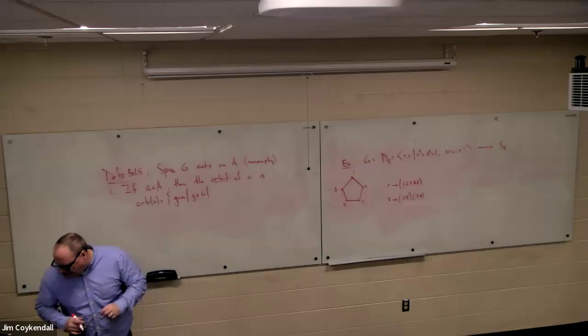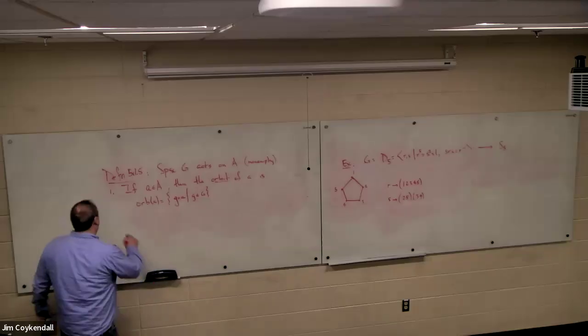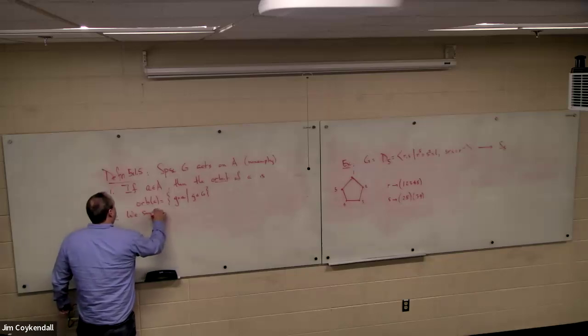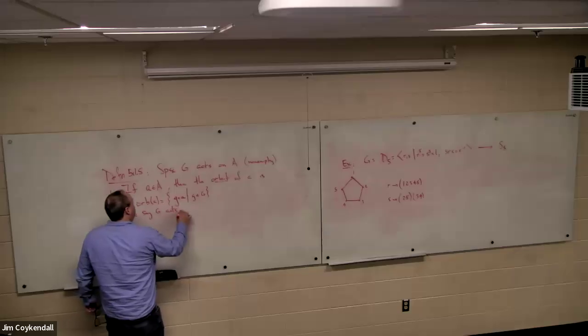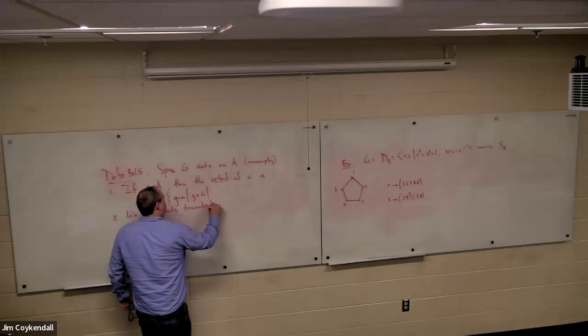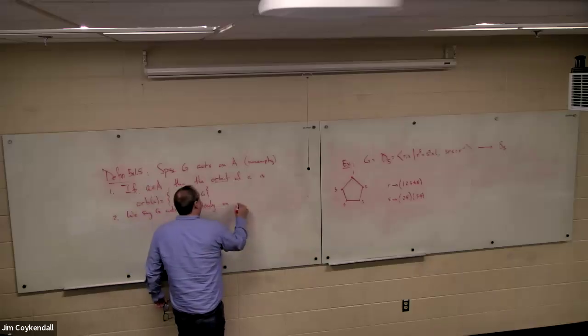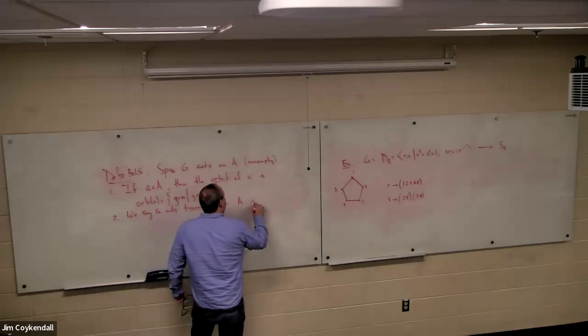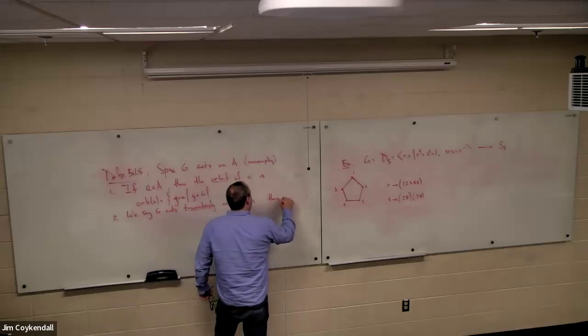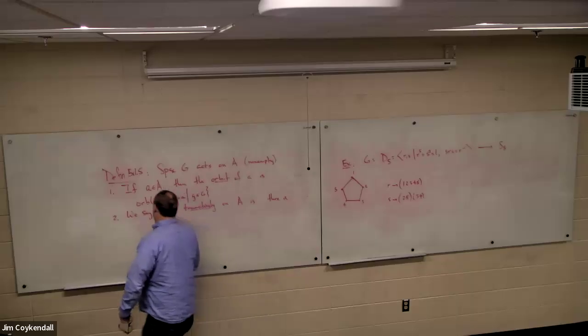Number two. We say G acts transitively on A if there is only one orbit.